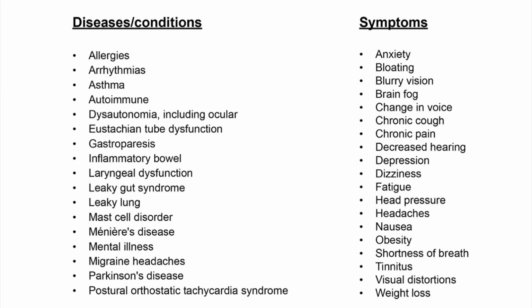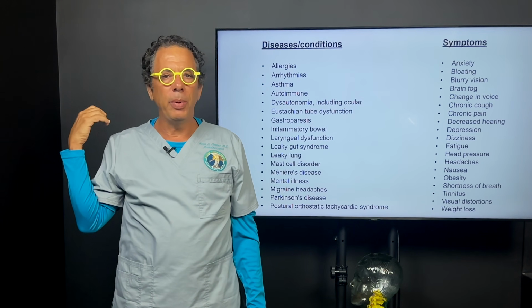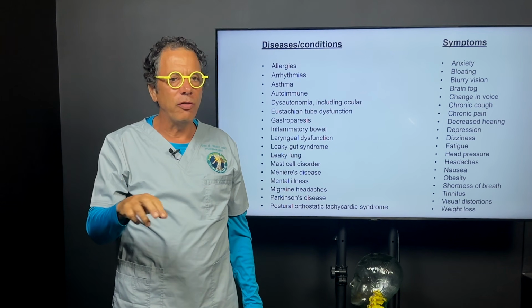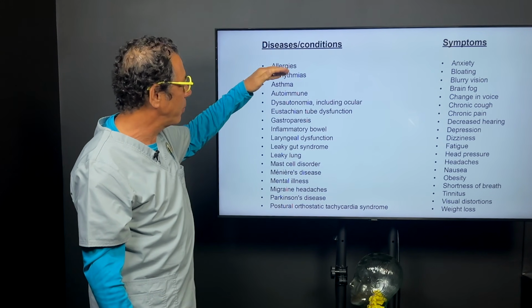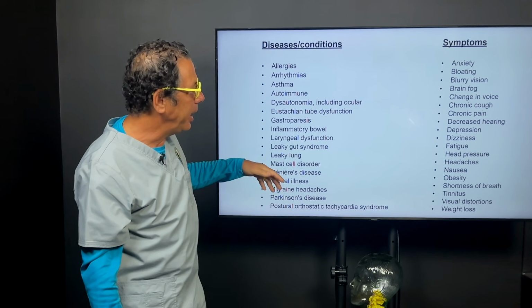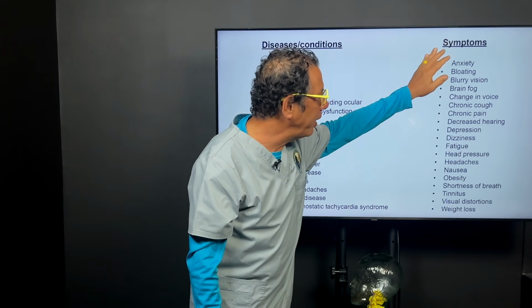People that are aged 20 to 50, and they have no known etiology of the condition. They weren't in a trauma, they weren't in a car accident, they're just what appears to be somebody who has a mysterious illness, and they have allergies, arrhythmias, leaky lung, they have all these various symptoms.